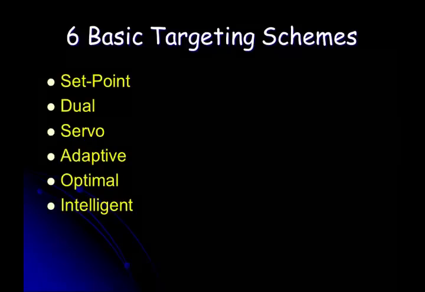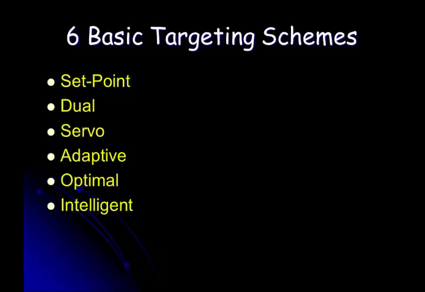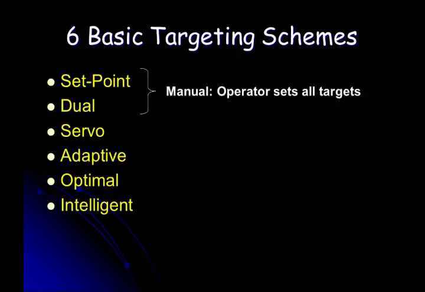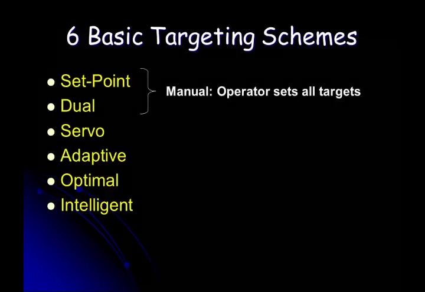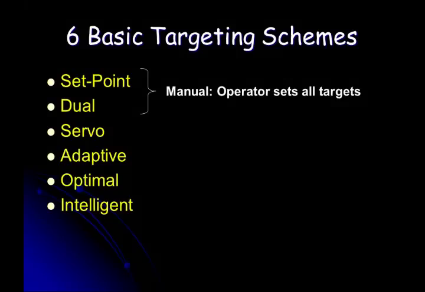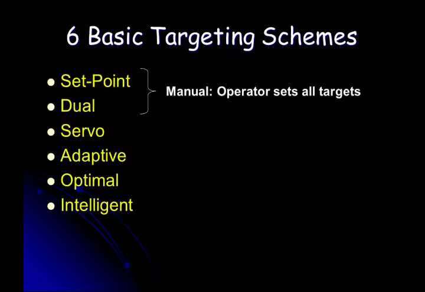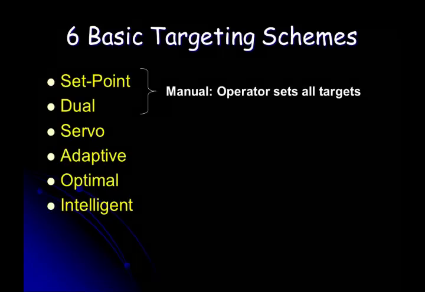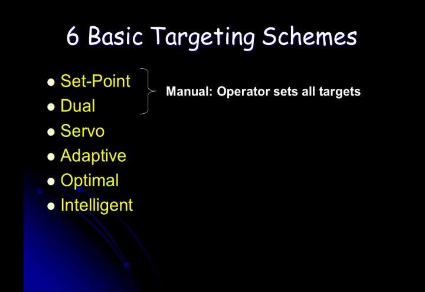So there's 6 basic targeting schemes that we could end up having. I'm just curious, with the open loop, if there's that much mystery as to what's being delivered, how do we use that? We would use it in situations where that delivery of tidal volume is not critical.